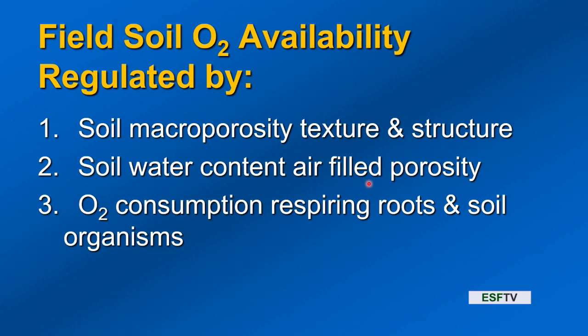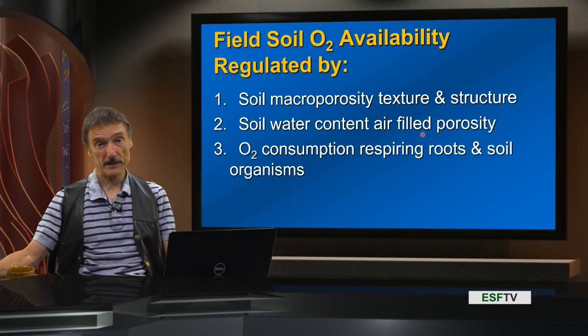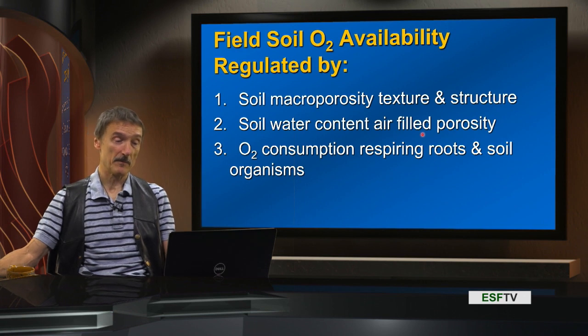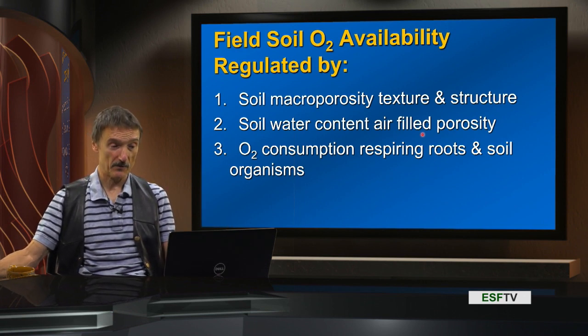Roots are respiring and soil organisms are respiring, so the rate of oxygen consumption and CO2 production drives the availability of oxygen, how fast you use it. So: how much there is, how it moves around, and how fast it's used.